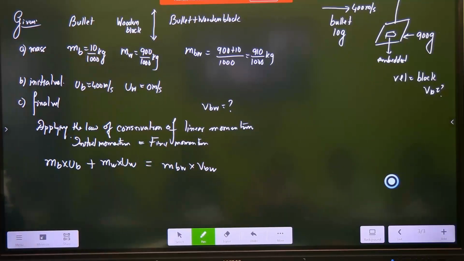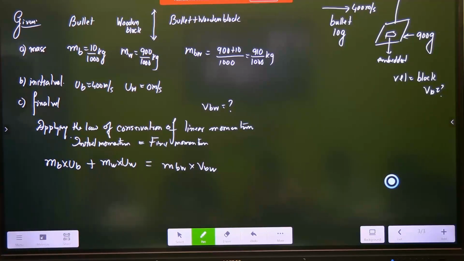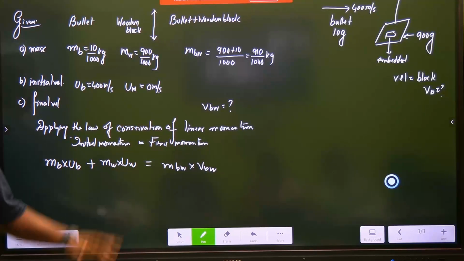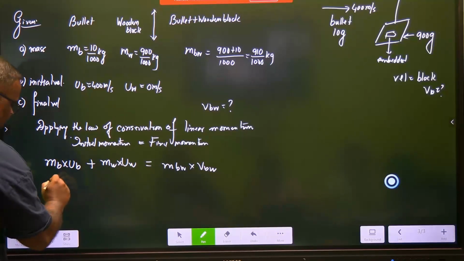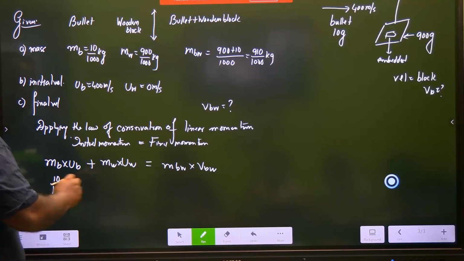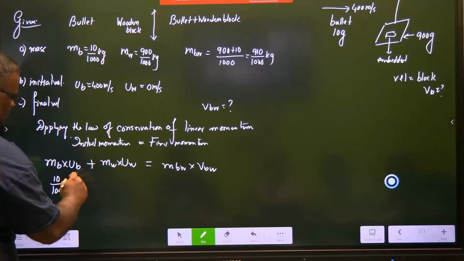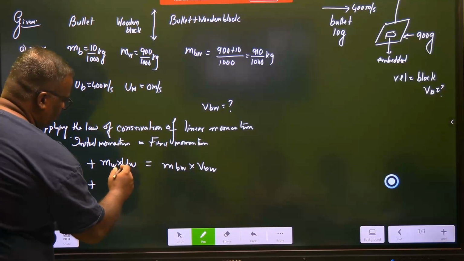That's all. Now we won't have any other thing. The bullet is not separate. The bullet is a part of the body. So let's put in our data. What is MB? 10 by 1000 multiplied by 400 plus, this part will become 0.